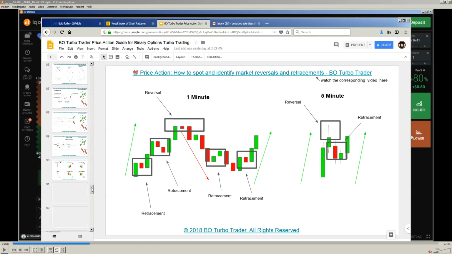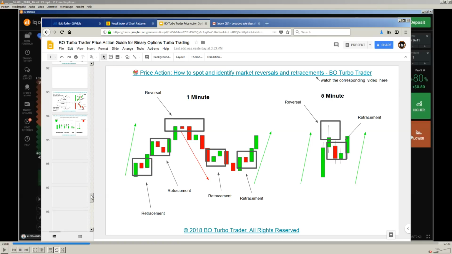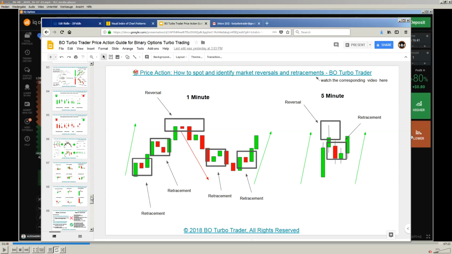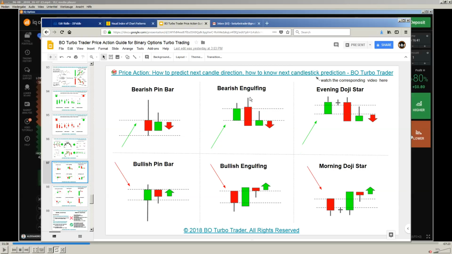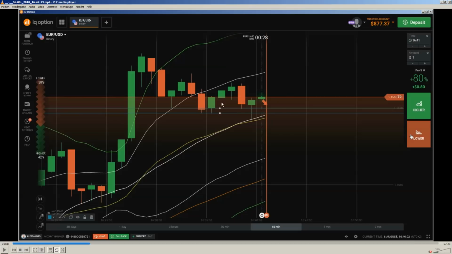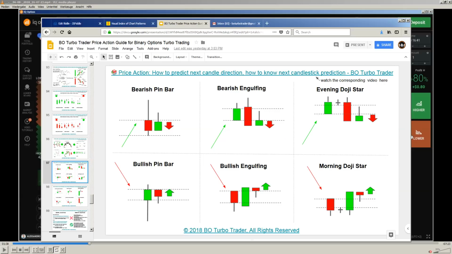So where do we have this page? Yes, it was this one here. You get an engulfing candle, a bearish engulfing candle. The next candle is a weak candle. Something like this bearish engulfing, and then you get a weak candle like this.